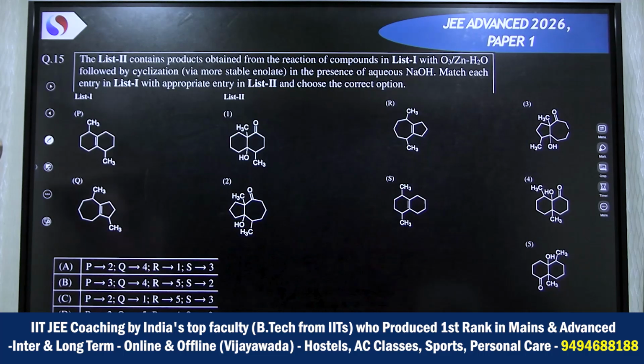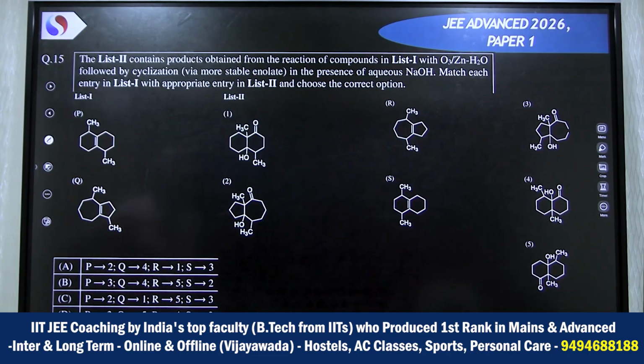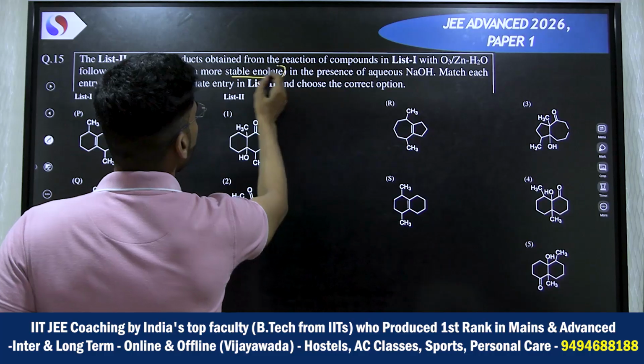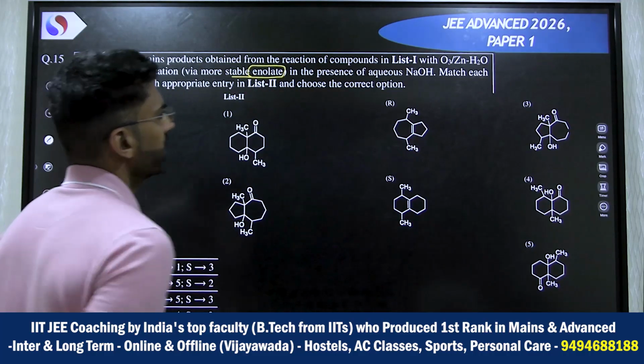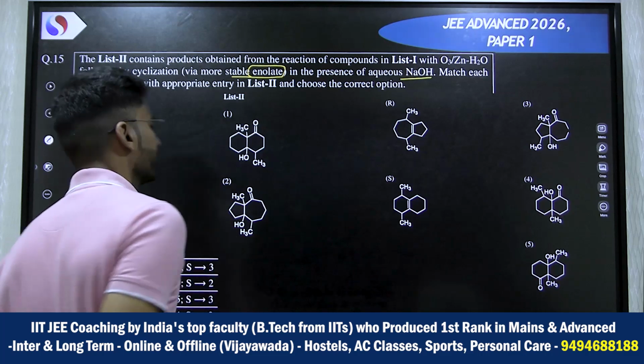So next question. This is again a question from organic chemistry. List 2 contains the products obtained from the reactions of the compounds in list 1 with O3 ozonolysis in the presence of zinc, followed by cyclization via the most stable enolate, in the presence of aqueous NaOH. Match each entry.